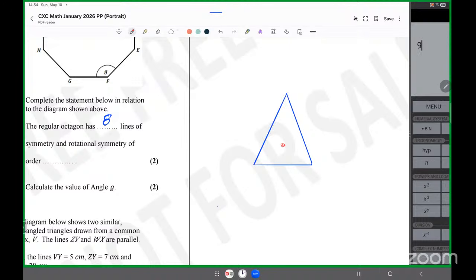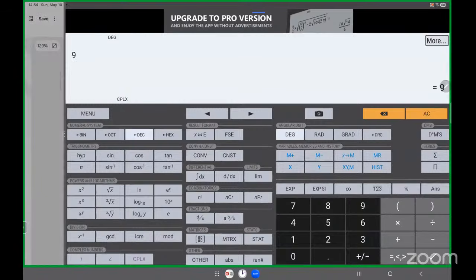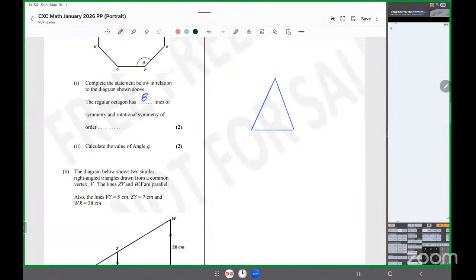If I take it and rotate it, it will never look the same again. Remember, you're not flipping it, you're only rotating it. The only time it will look exactly the same is when it reaches back the original position.